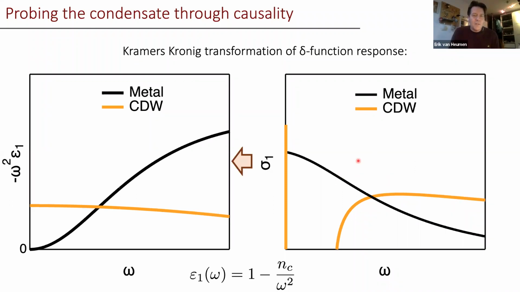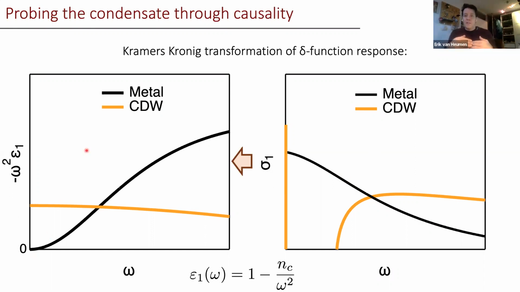So if you take the Kramers-Kronig transform of your real part of the optical conductivity, multiply it by minus omega squared, then in the charge density wave state, you get a function which extrapolates to a constant, whereas the Drude response extrapolates to 0.